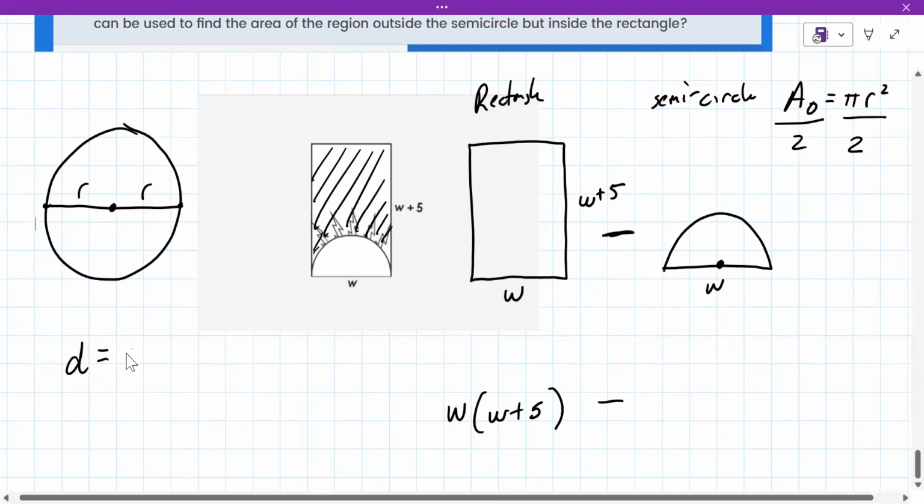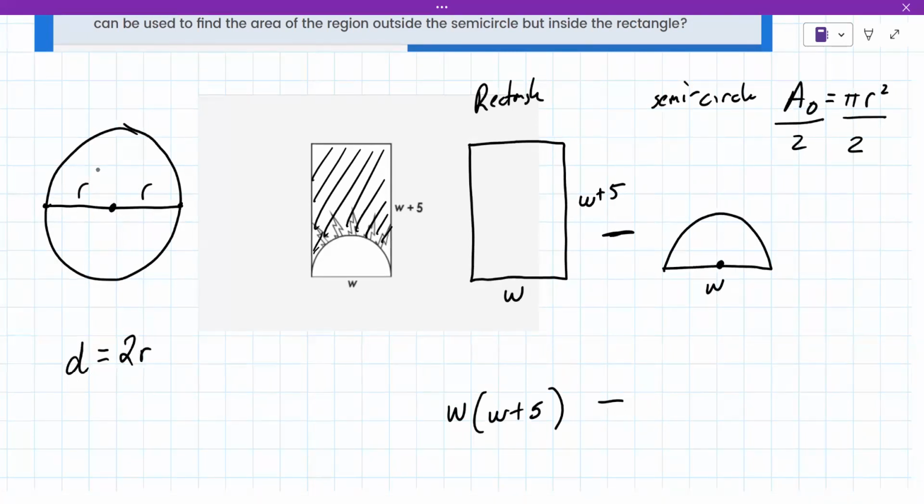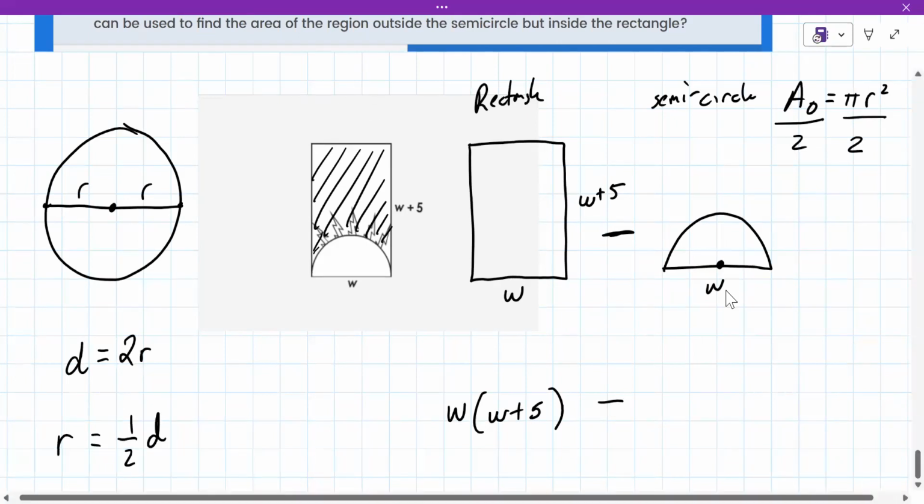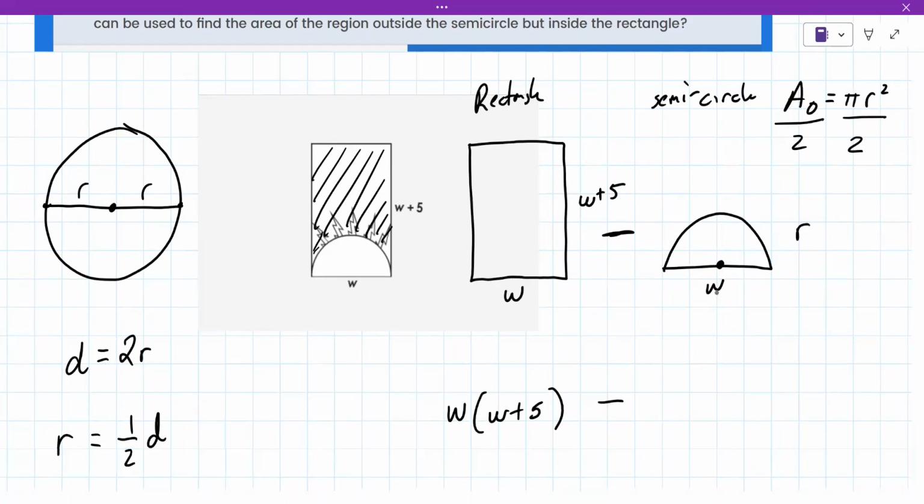So the diameter is how many radii? 2? 2r. Which means the radius is 1/2 the diameter. In your problem, the diameter is W, so the radius is 1/2 W.